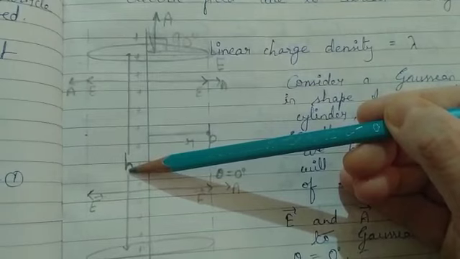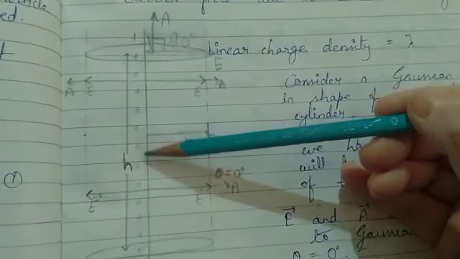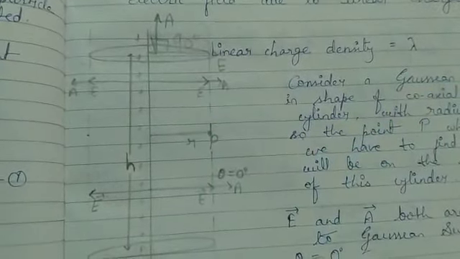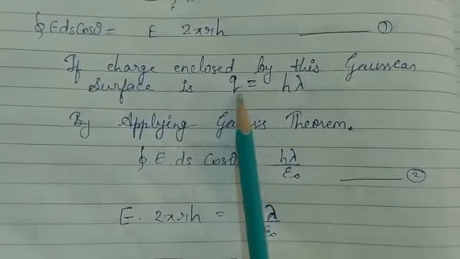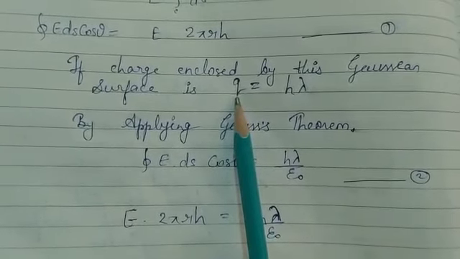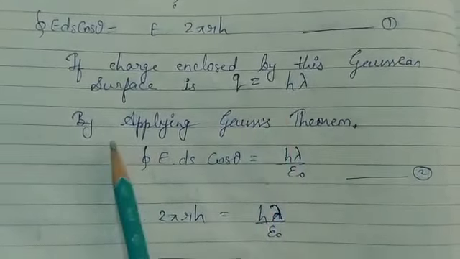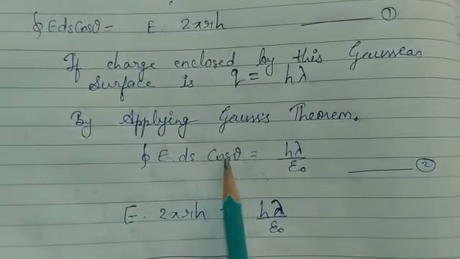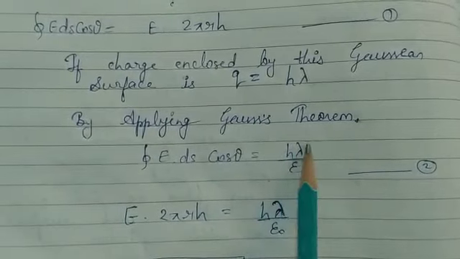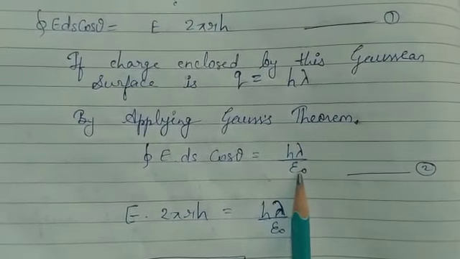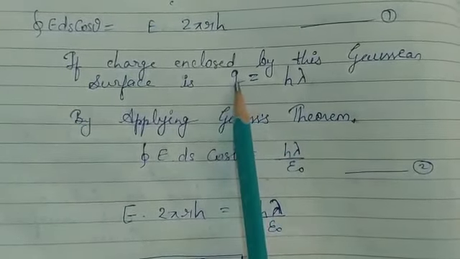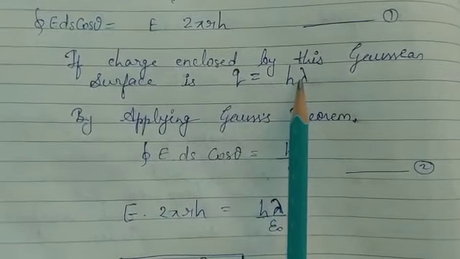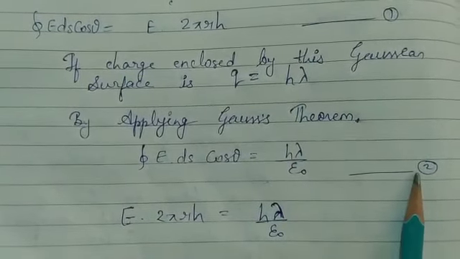So the total charge is lambda into h. Now when we apply Gauss's theorem, the closed integral of E dS cos theta equals Q upon epsilon naught, so in place of Q we put h lambda: h lambda upon epsilon naught. Give it equation number 2.